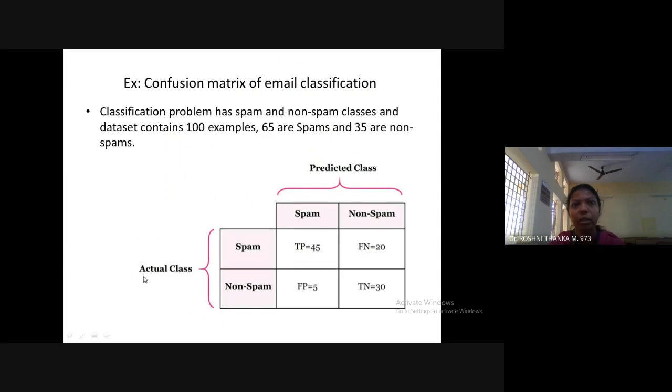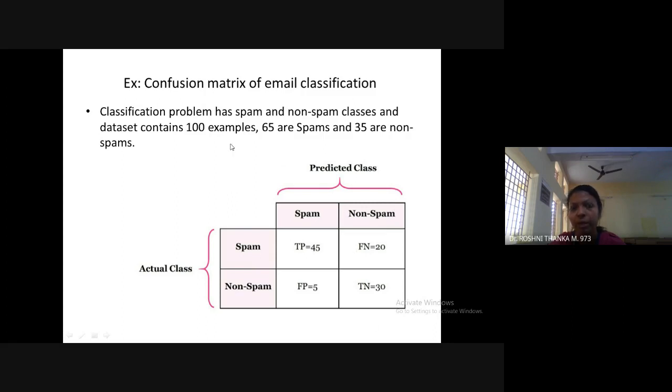Here let us take one example. Consider an email classification with a data set of 100 samples. Out of these, 65 are spam mail and 35 are non-spam mail. After classifying these emails, the confusion matrix is represented with these values.